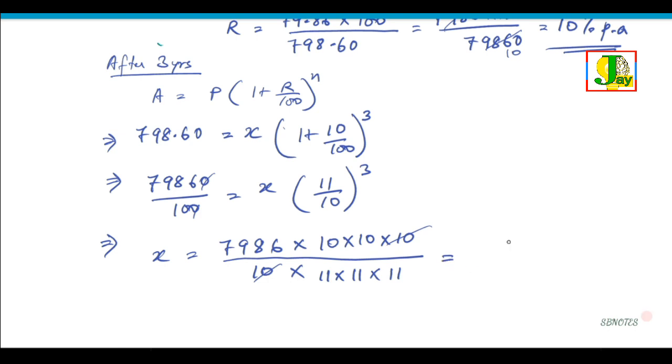After calculating, you can cancel the three 11s, and x comes to rupees 600. So x is the principal amount, or principal equals rupees 600.